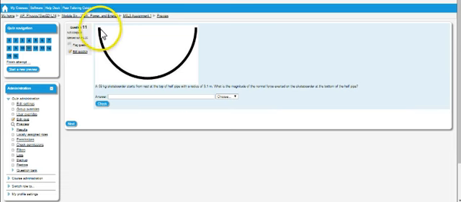For this one, the skateboarder is going to have gravitational potential energy at the top of the half pipe, and then he'll have kinetic energy, or she'll have kinetic energy, whether your skateboarder is a guy or a girl, at the bottom.